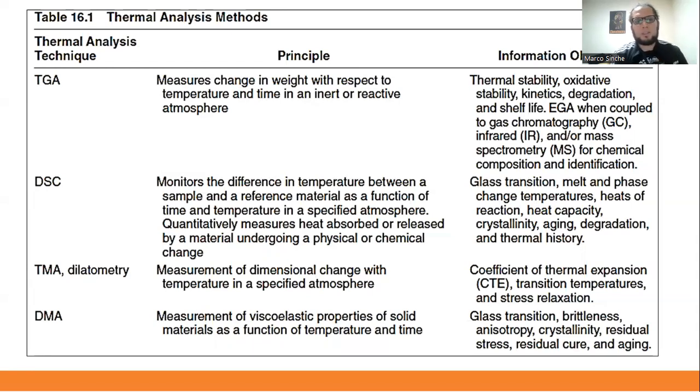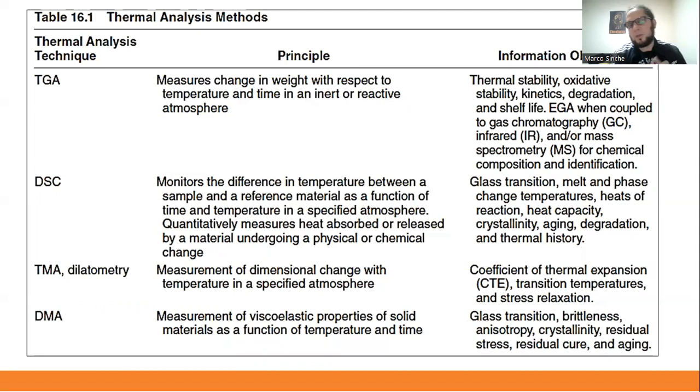For example, in TGA, what the technique measures is changes in weight due to changes in temperature. This could be done in either inert or reactive atmospheres. What information could be obtained from them?